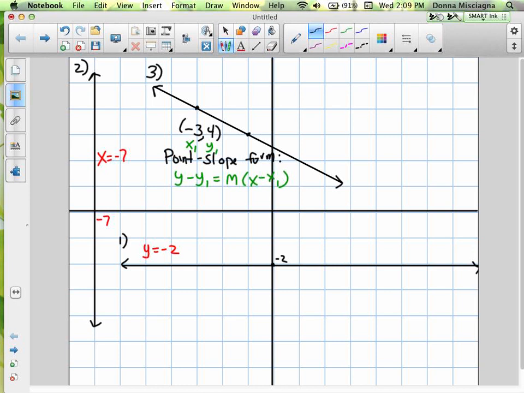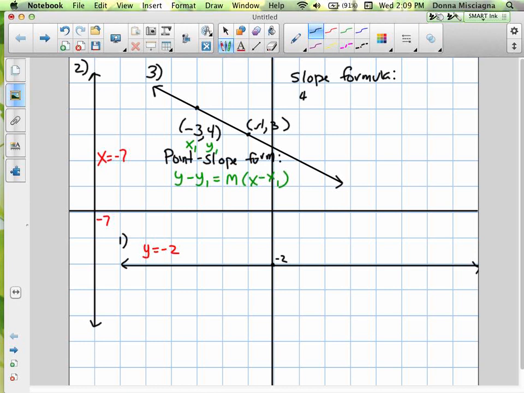Now I can either use the slope formula or I could count it on the coordinate plane. I don't care which one you do. I'll do both. All right, so this point here is the point negative 1, 3. That's a negative 1 there. So if I'm using the slope formula, we'll do it over here. To find the slope, I'll start with the negative 3, 4.